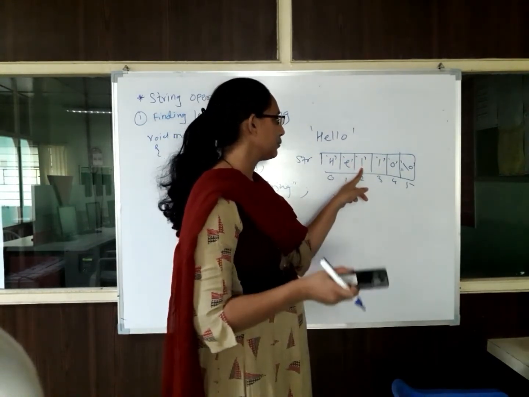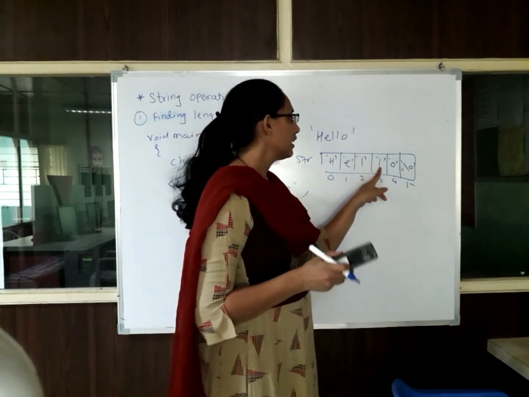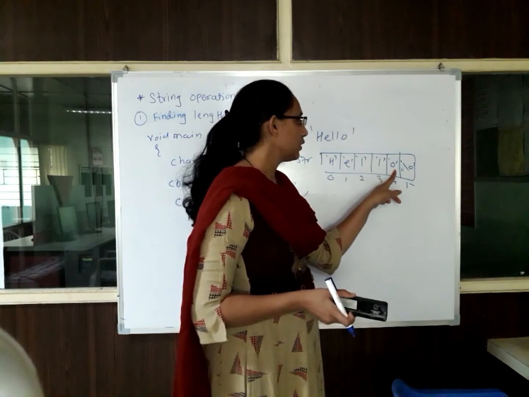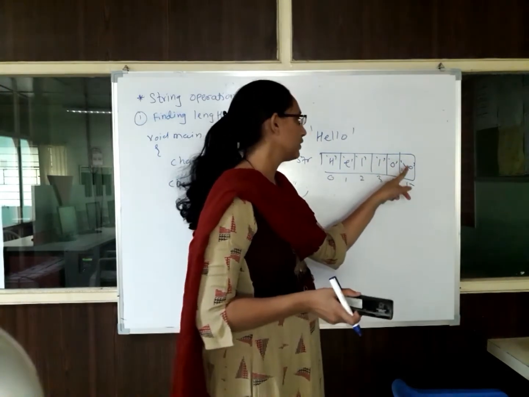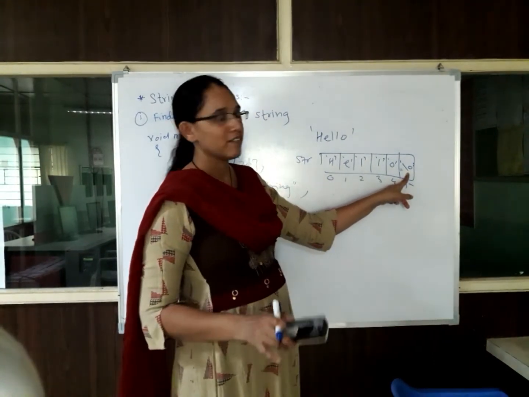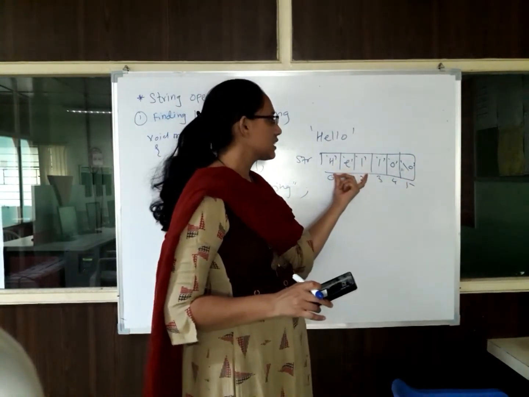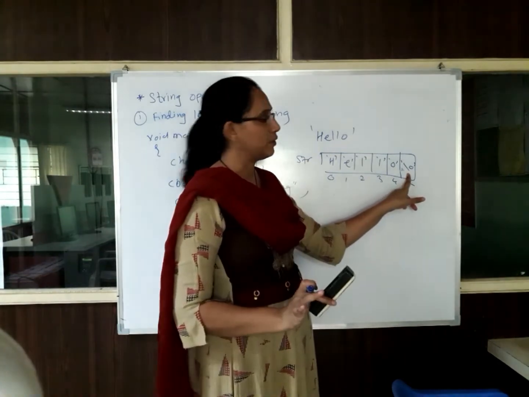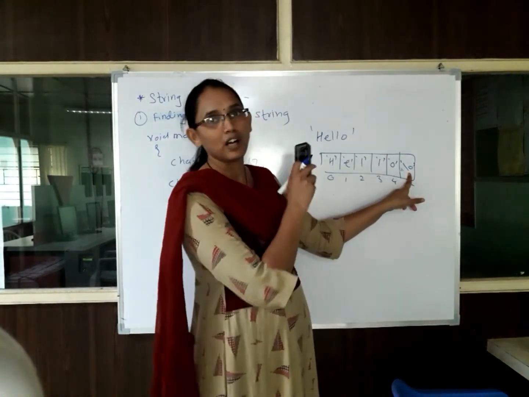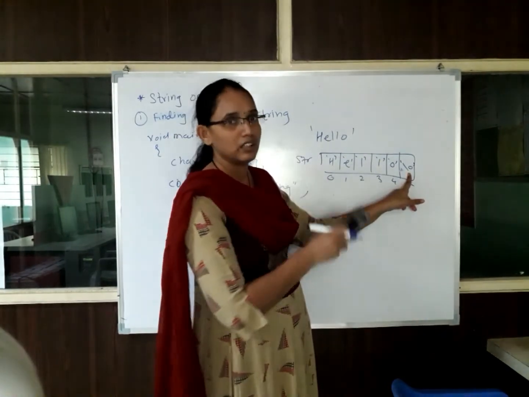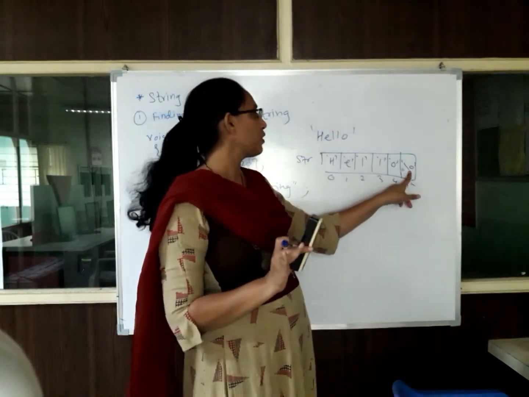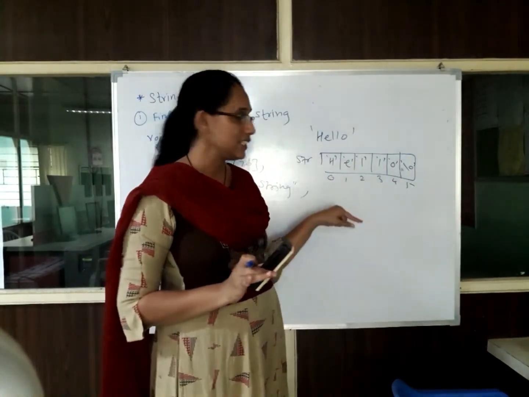Then L, increment count. Then O, a character, increment count. When we come to this null character, it means the end of the string, which is not included in your string. So here we have to stop. When there is a null, we have to stop. It will not be included in your counting or in finding out the length.